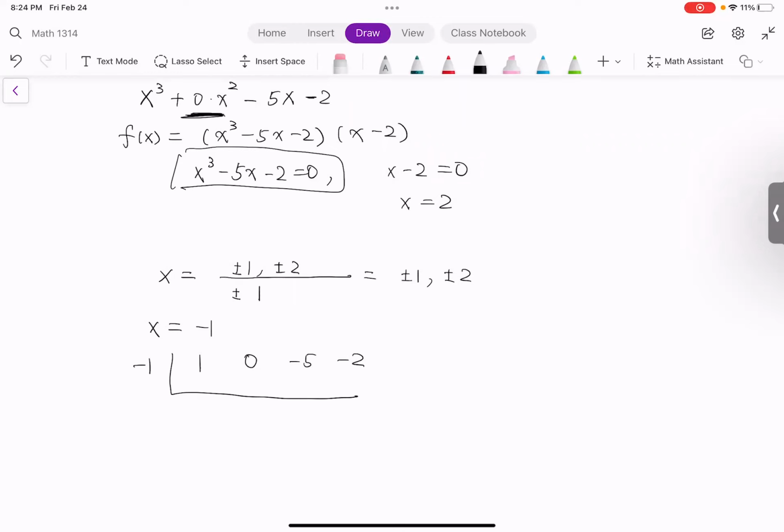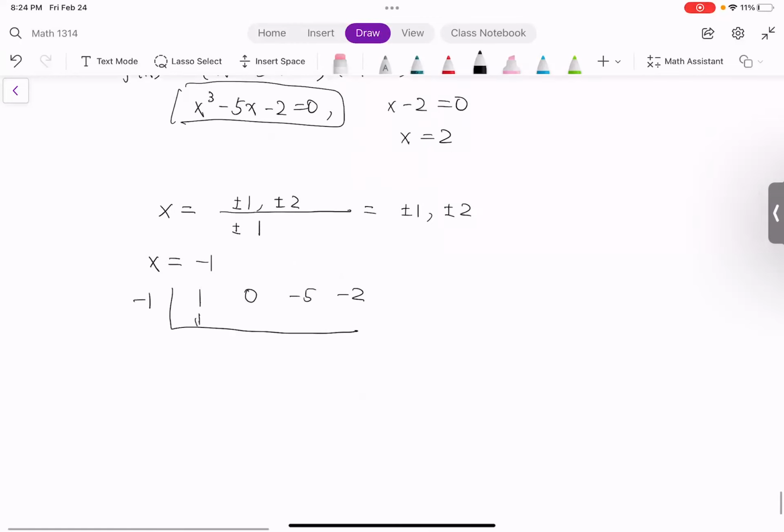Put -1 here, bring down 1, and then do the multiplication, -1. 0 plus -1, -1. -1 times -1, +1. -5 plus 1 is -4. -1 times -4 is +4. -2 plus 4 is 2. It is not 0. That means x equals -1 is not a zero.